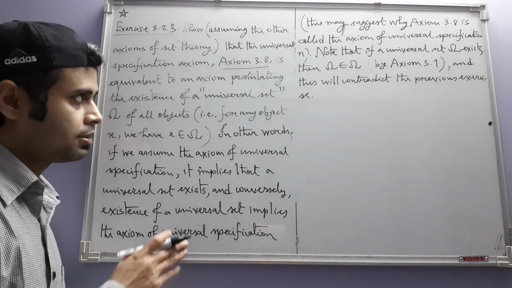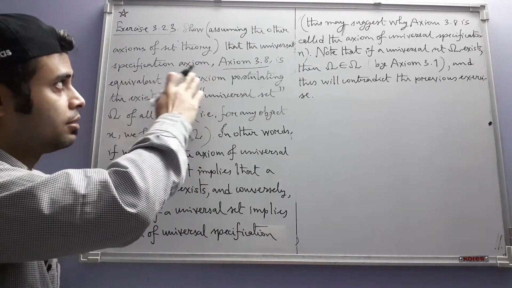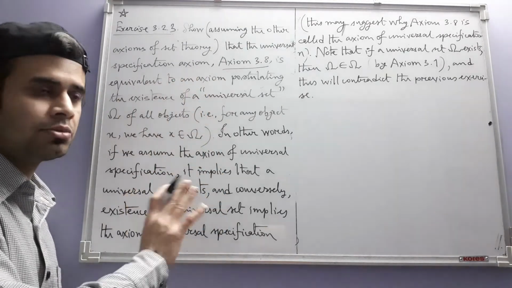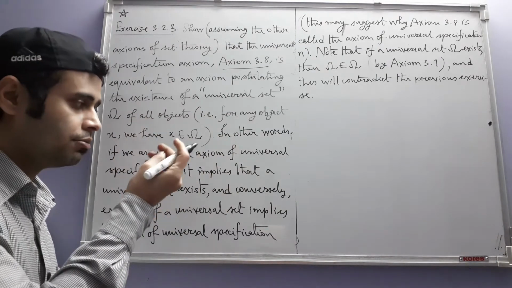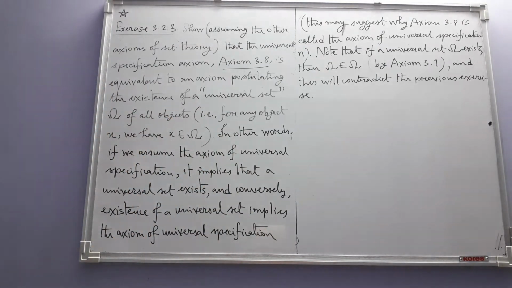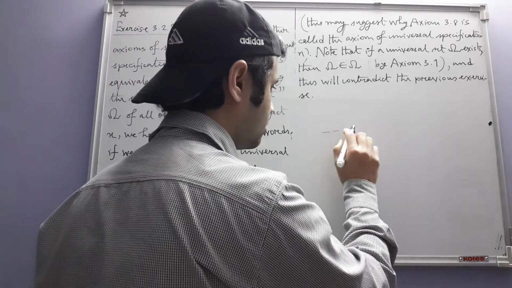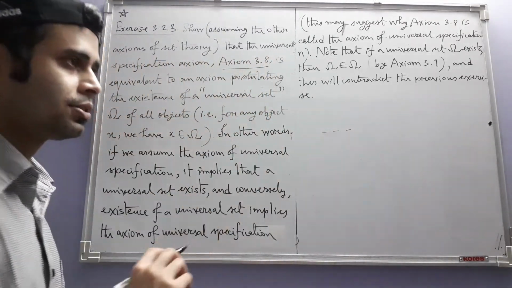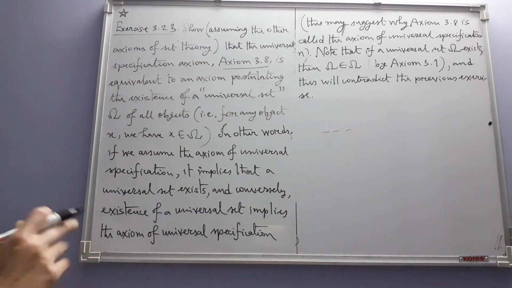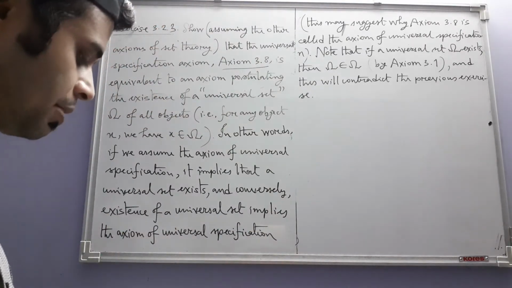And since Russell's paradox is a consequence of the axiom of universal specification, now because of this we have gotten rid of Russell's paradox. That's how Russell's paradox is settled. If you recall, that set of all sets not containing themselves, that type of collections are not sets anymore. So we don't have Russell's paradox.